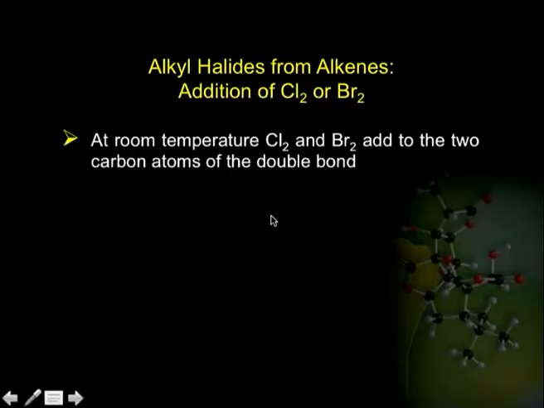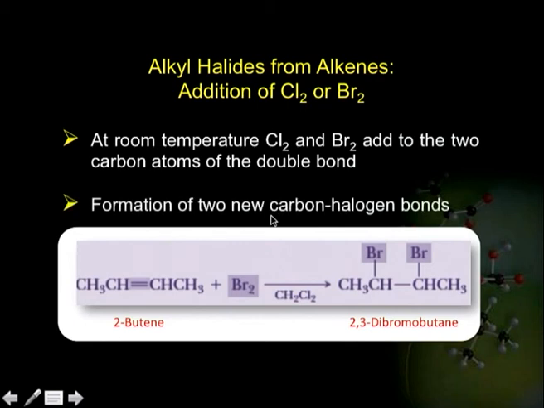Similar to hydrogen halides, we can make halogen molecules also react with alkenes, which again undergo an addition reaction at room temperature and form the alkyl halide. So, there is formation of 2 new carbon-halogen bonds, because in the previous method we had HBr, here we have 2 bromine atoms.